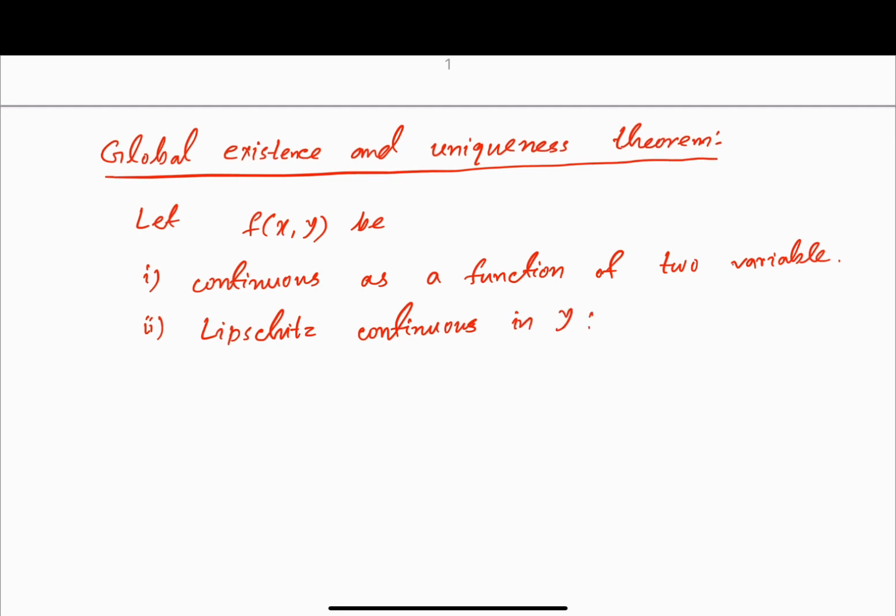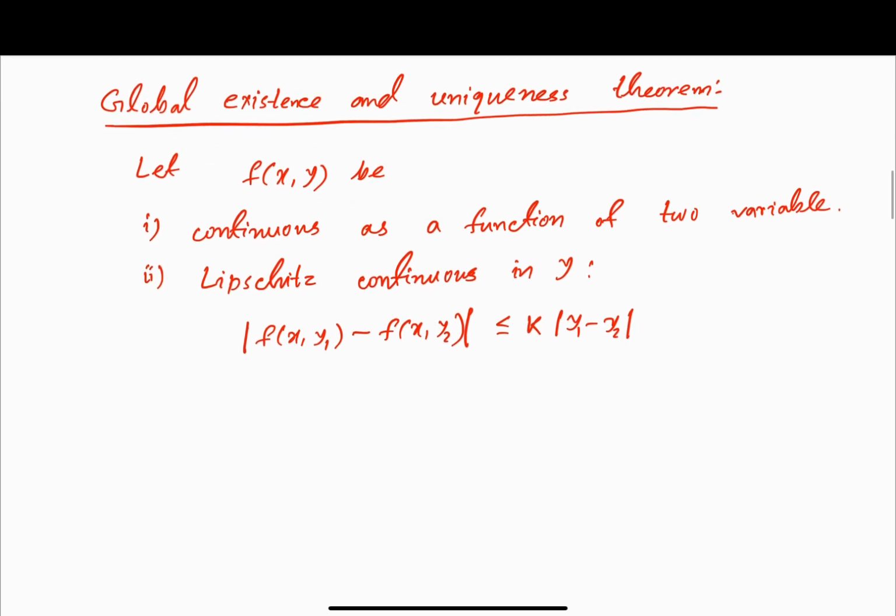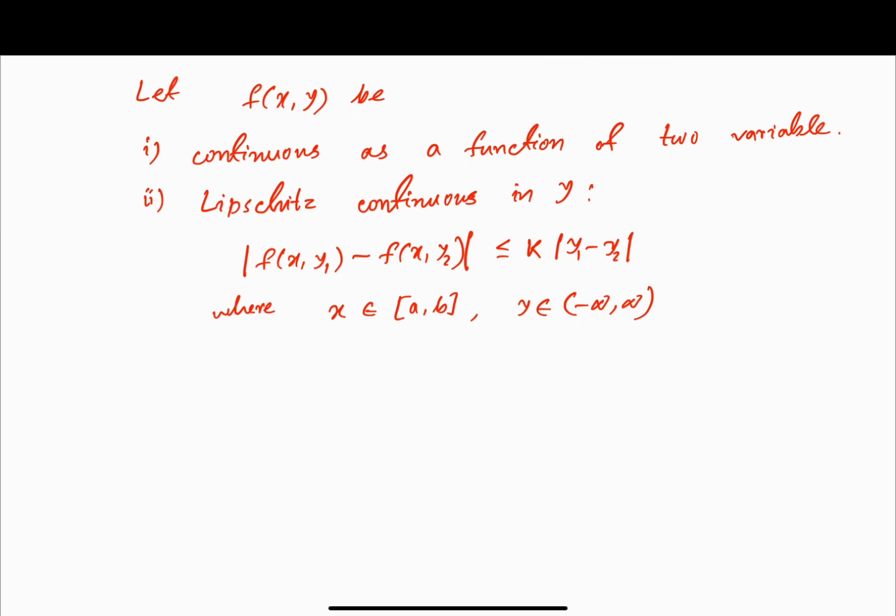So what is this Lipschitz condition? It says that the modulus of f(x,y1) minus f(x,y2) should be less than or equal to some constant times the modulus of y1 minus y2, where x belongs to some region (a,b) and y belongs to the whole real line, meaning y1 and y2 are also in the whole real line.